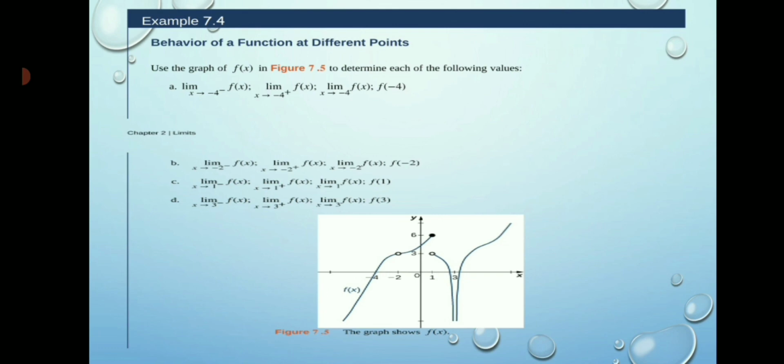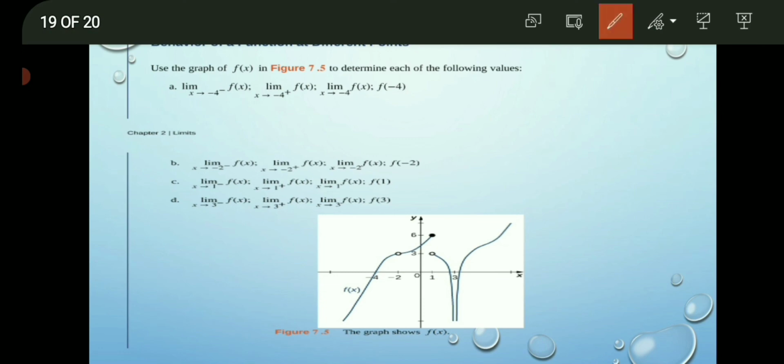The limit as x approaches negative 4 from the right of f of x. The limit as x approaches negative 4 of f of x, and f of negative 4. So the graph of f of x is shown here.